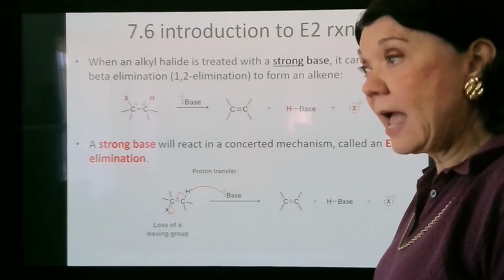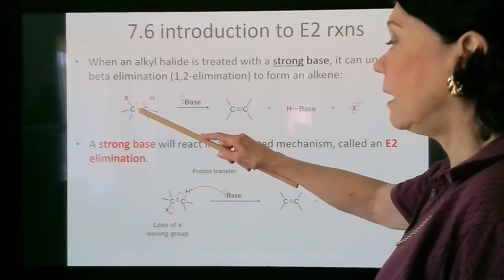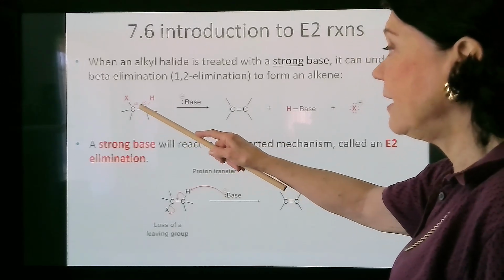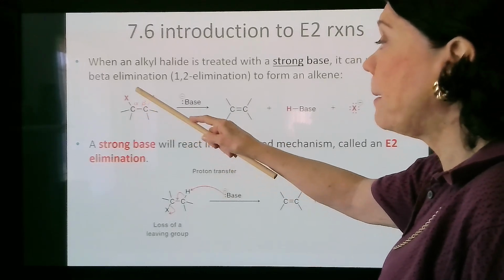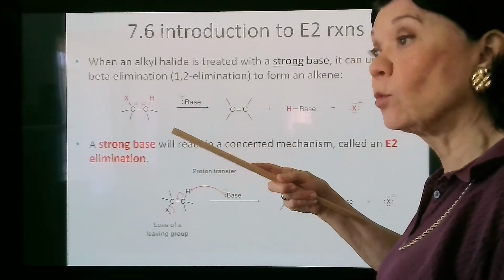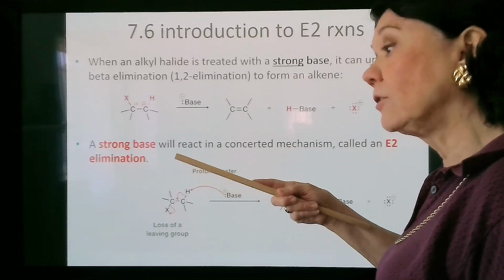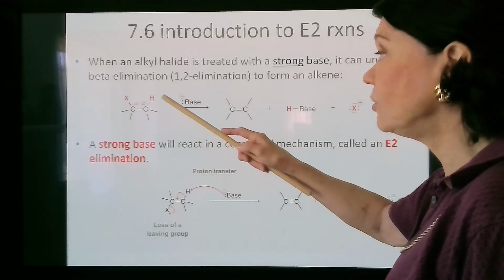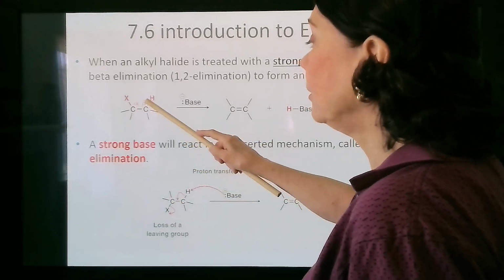This generally happens when an alkyl group bears a good leaving group, such as a halide. That's why we're studying alkyl halides here, because the halides are good leaving groups.